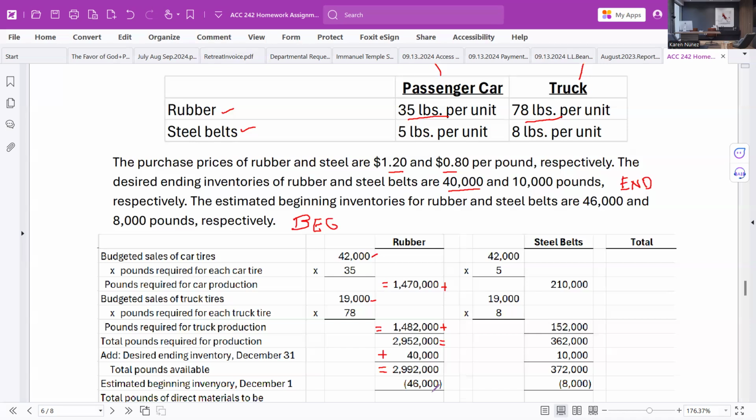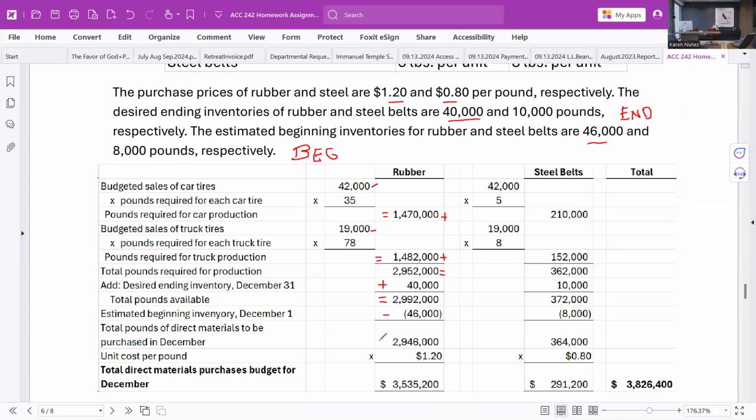But again, that's not what we're going to buy, because we're going to have 46,000 pounds in the inventory at the beginning of the period. So subtract that out, and all we need to buy is 2,946,000 pounds. And it's going to cost $1.20. That's our materials budget for rubber.